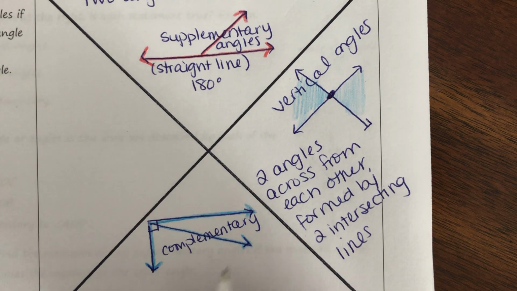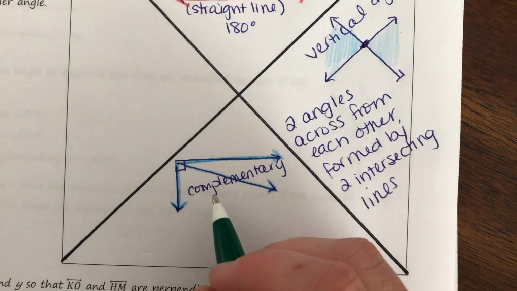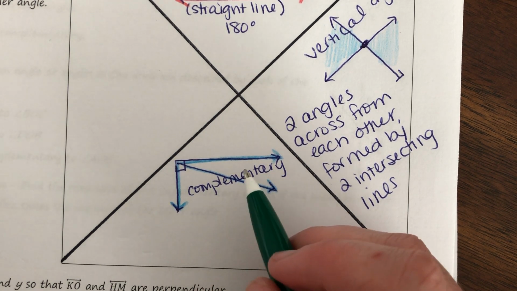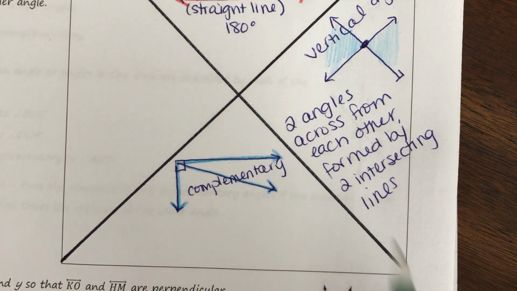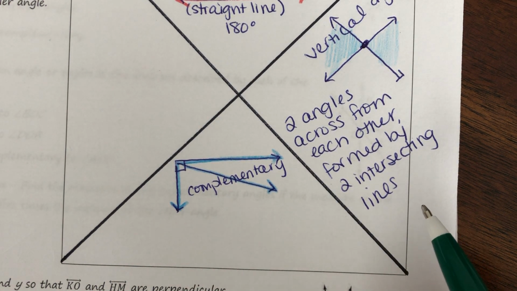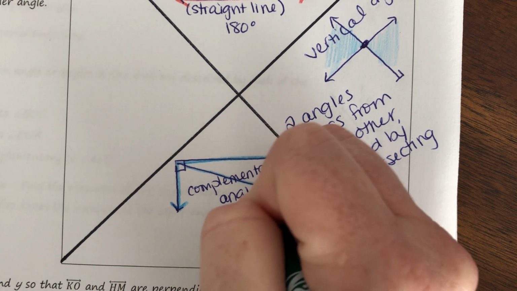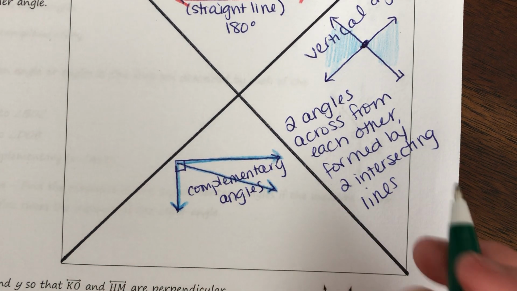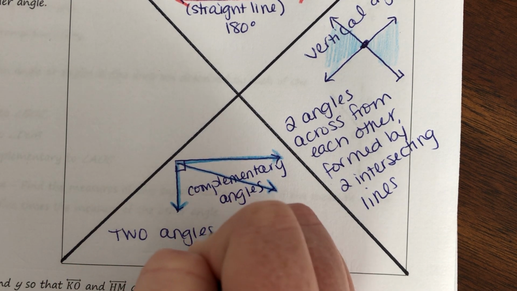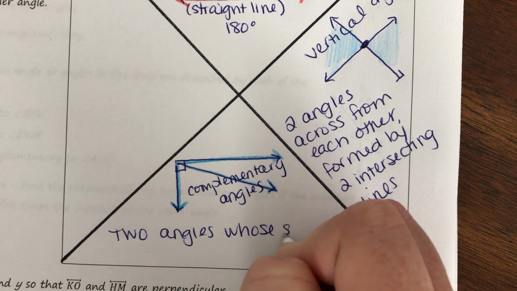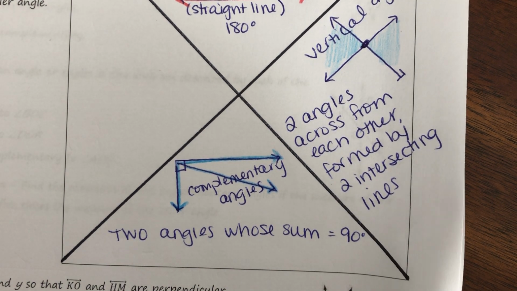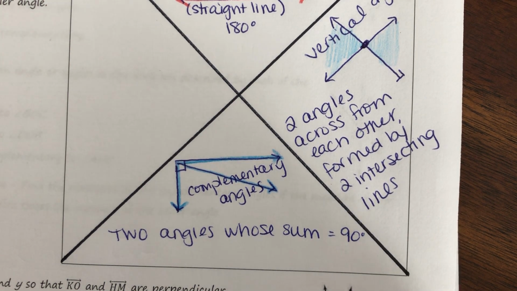And complementary, when you're talking about adding up to 90 degrees, they don't have any eyes in it. It's not a compliment like, wow, you look really pretty today. Not that type of compliment. Compliment like along with another angle, it completes the equation. They add up to 90 degrees. Complementary angles are two angles whose sum equals 90 degrees. Supplementary is 180, complementary is 90.